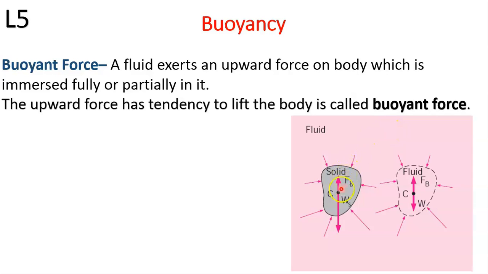Now here you can see that the downward force because of the weight is shown by a longer arrow as compared to the buoyant force, and the resultant effect will be that this solid will be submerged. In case the buoyant force is more, the object will float, and when both are identical, the net force will be balanced.